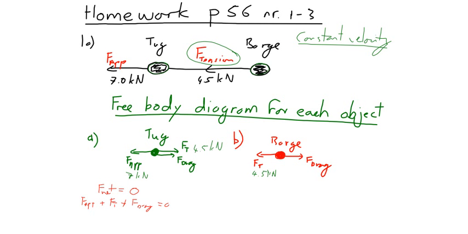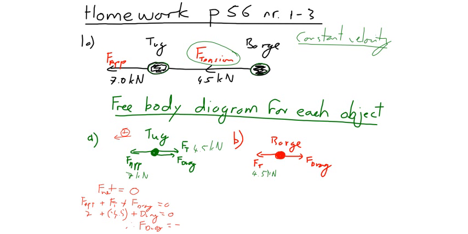Have a look. If I do it this way, my applied force, remember direction again, is positive. So let's use this as a positive direction. Then this is 7 kilonewton plus my tension force is negative 4.5, plus my drag force, that must be equal to 0, so therefore we can say my drag force is equal to negative 2.5.